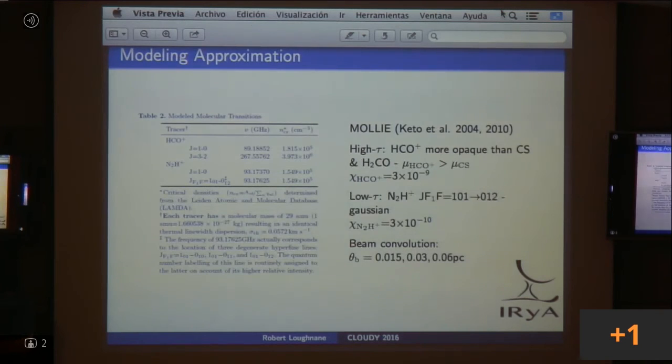So these are particularly useful beam sizes to convolve with our setup. Although this is 22 arc seconds, so it's very coarse when you consider the abilities of ALMA and EVLA, etc.